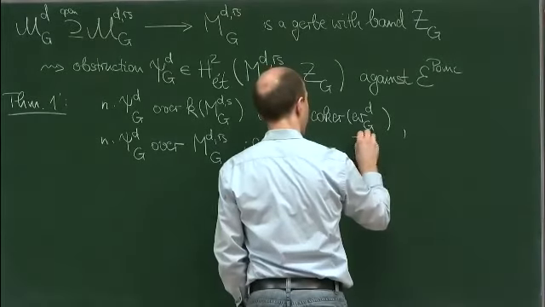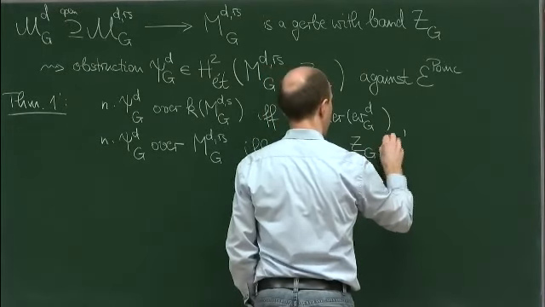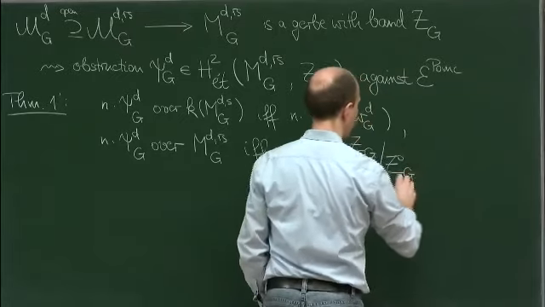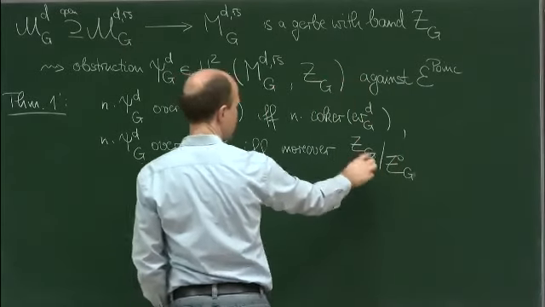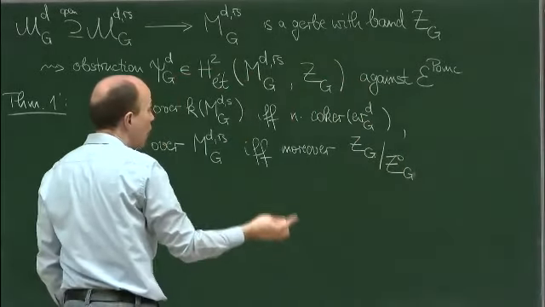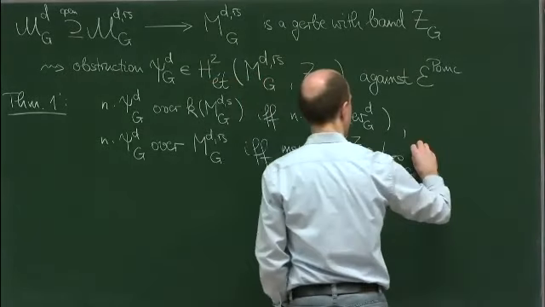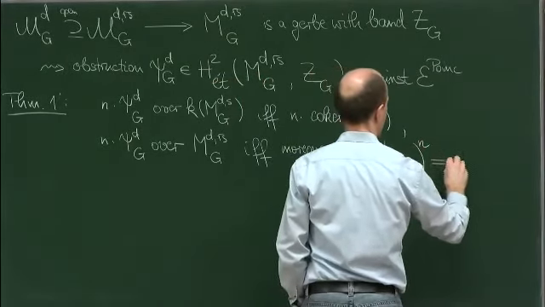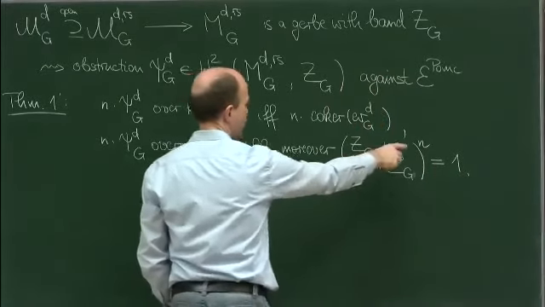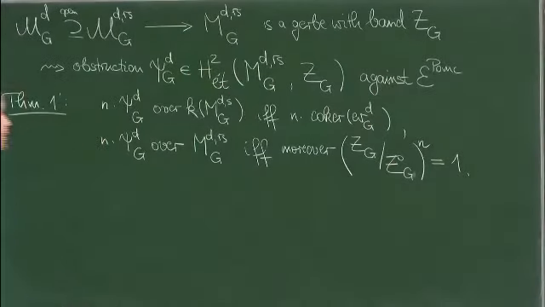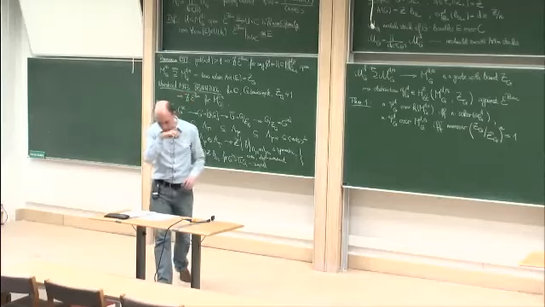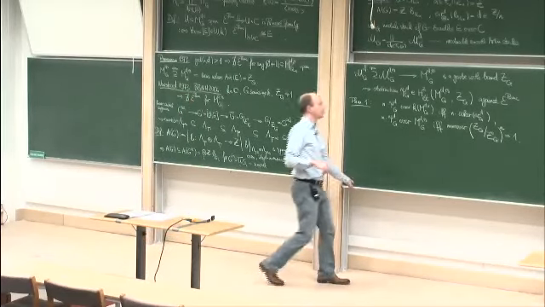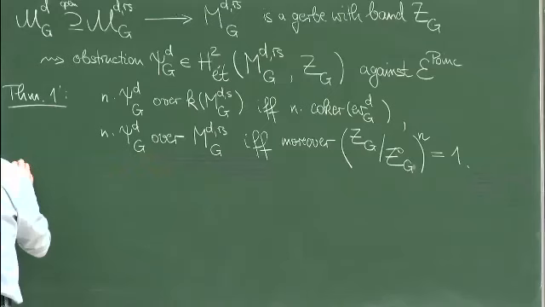So the quotient of the center modulo its reduced identity component, which consists of all the G_m's present. So in this quotient we now only have the mu_r's that are in the center, and the condition is that these mu_r's are all annihilated by n. So in other words, the r's that appear in the mu_r's are all dividing n. So that is the actual result. And how is such a thing proved?